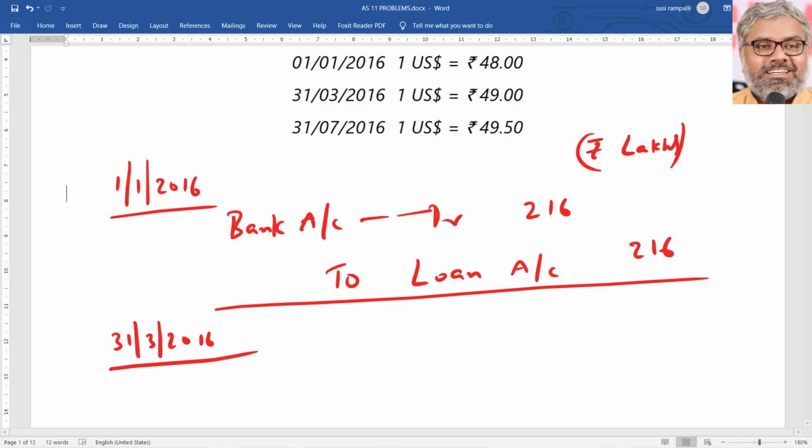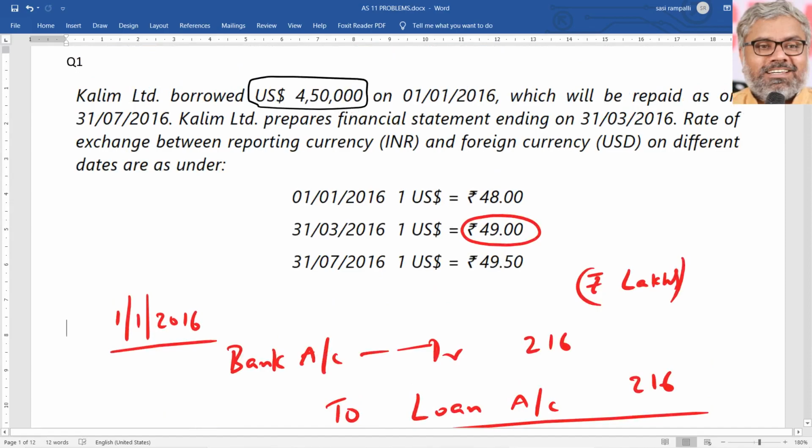And what is the closing rate? That is 49 rupees. In other words, the actual value of the loan that we show on the liability side of the balance sheet should be 4,50,000 into 49. That will be 2 crores 20 lakhs 50,000. So it should be 220.5.